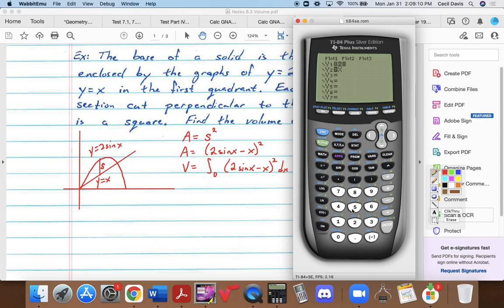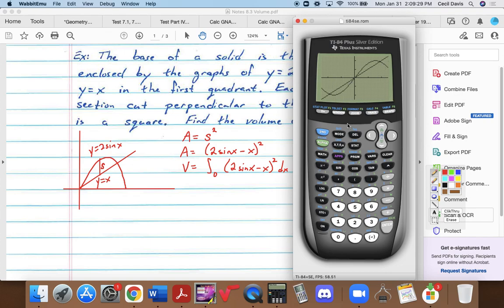So I want 2 sine of x and y equals x. And again, you can see the part in the third quadrant now.